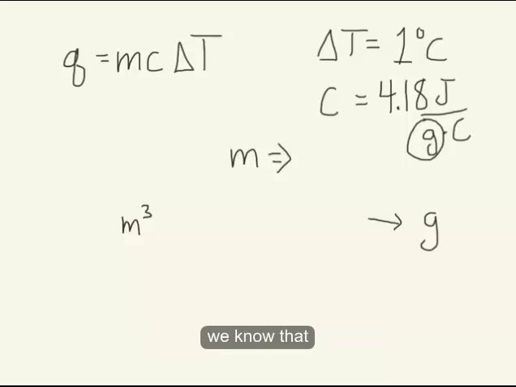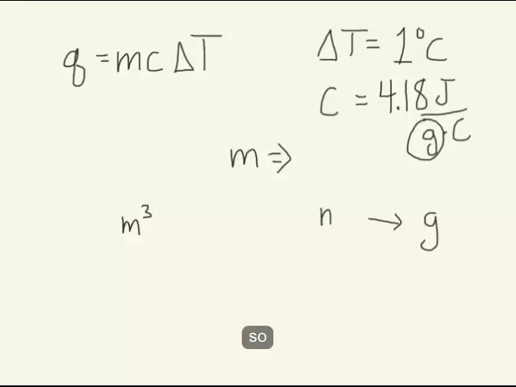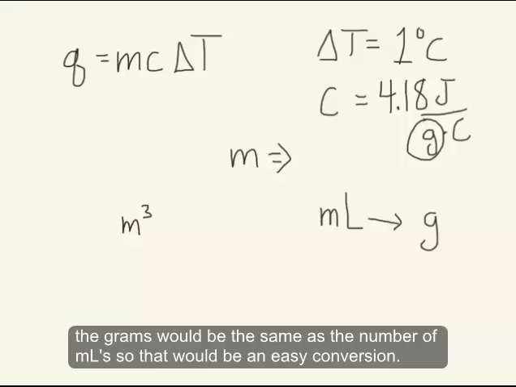So we know that the density of water is 1 gram per milliliter. So the grams would be the same as the number of milliliters. So that would be an easy conversion.